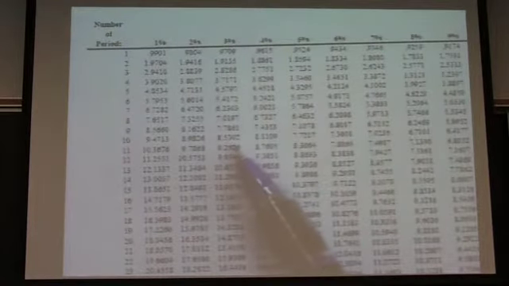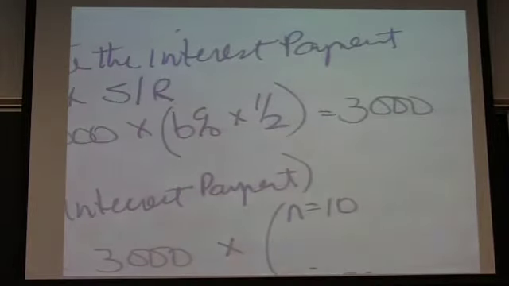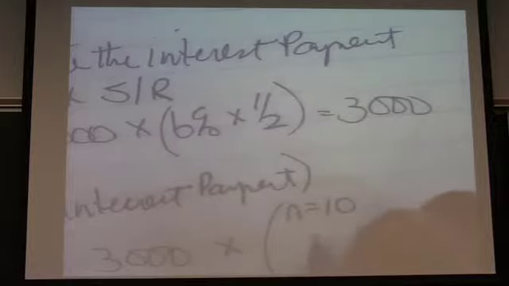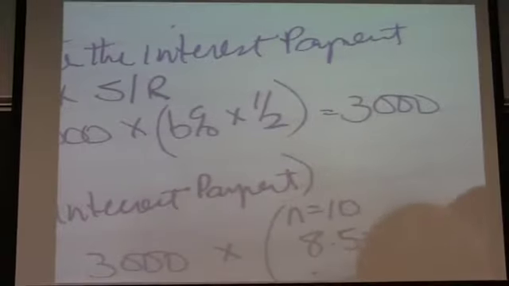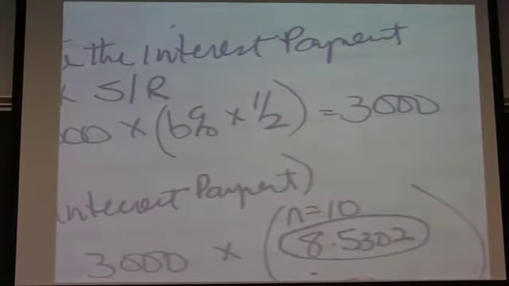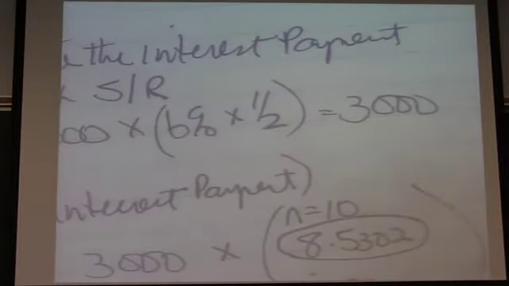I hope you can see that. Okay? Now, we're going to use that. So the factor is 8.5302. We're going to multiply that out. We get 25,590.